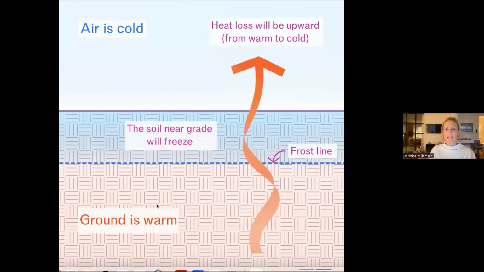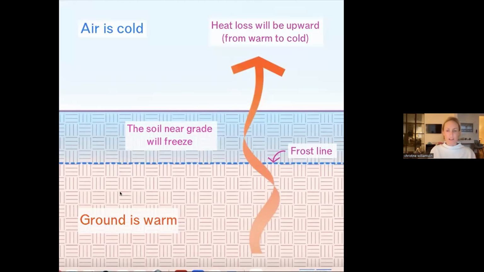And that's because the Earth acts as kind of the ultimate thermal mass, or the original thermal mass. It's sort of like a battery, where it experiences heat gain in summer and heat loss in winter, and it all averages out to about the average air temperature for the year.